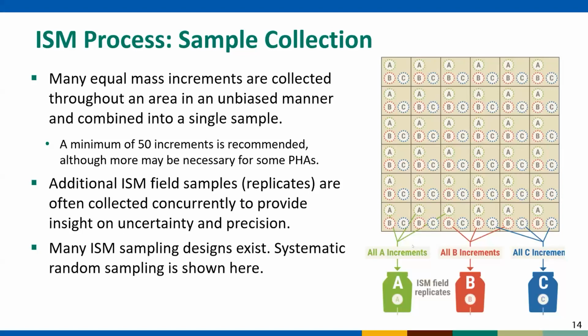Those 36 increments would then be combined into a single sample container A for shipment to the lab. The sampler would then complete this process, collecting 36 increments at the B locations and then at the C locations. Those increments would generate 2 additional ISM samples for the lab, which in this case would be considered field replicates.